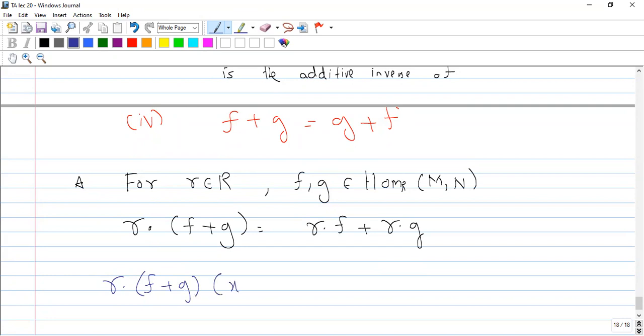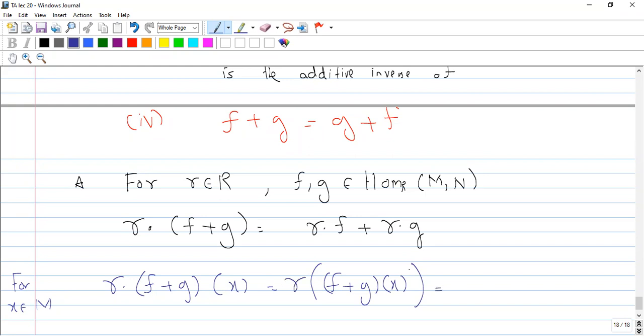तो अगर मैं यहाँ पे x पुट करूँ, because हर चीज R module है ना from m to n. So for x in m, this thing r dot (f plus g) is equal to, by definition, अब पहले f plus g एक्ट हो जाएगा x में, and then in the end इसमें मैं r एक्ट करूँगा, r इससे मल्टीप्लाई होगा.